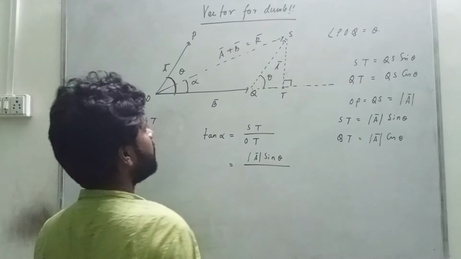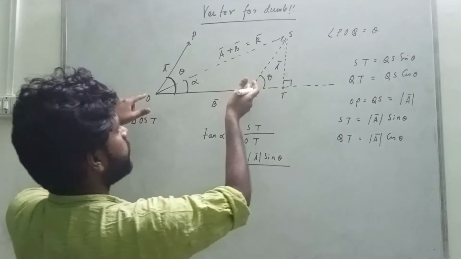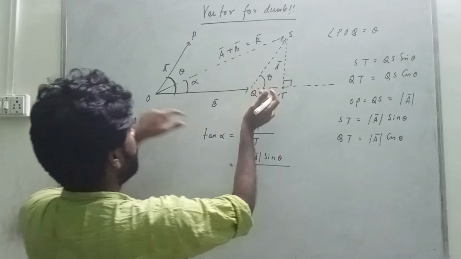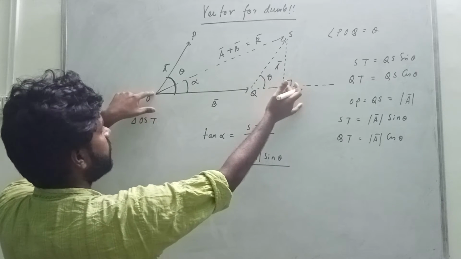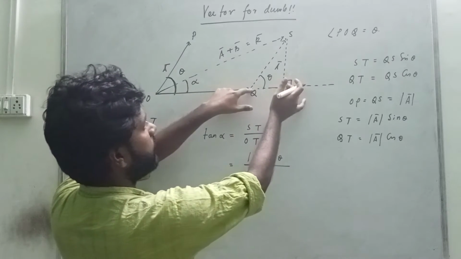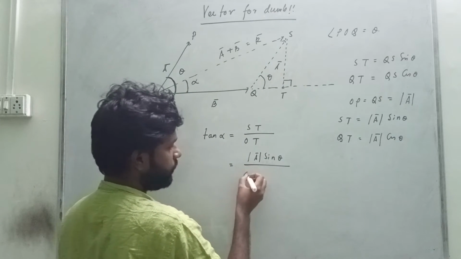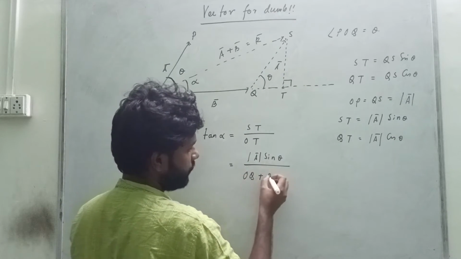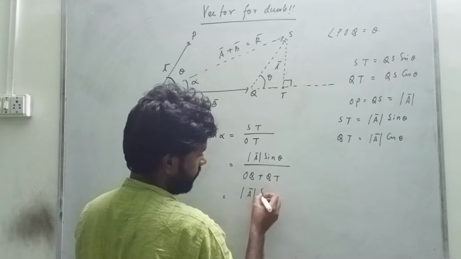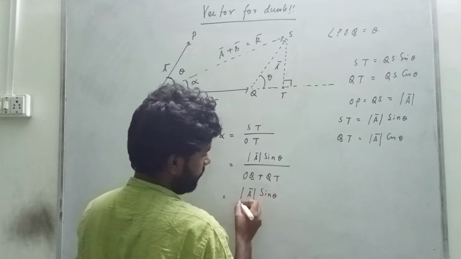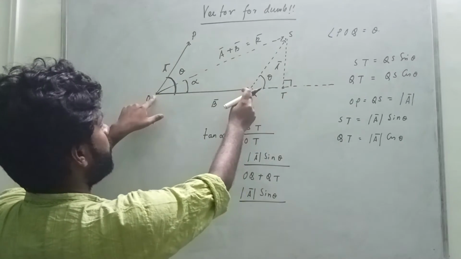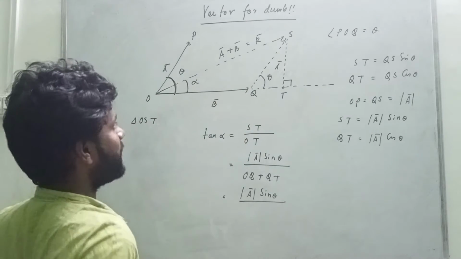And OT means, it is a jump here. OT means OQ plus QT, right? OT here, the length of OT actually, is OQ plus QT. And the numerator is modulus of A times sin theta, by OQ. OQ means what? OQ means the length of vector B, right?